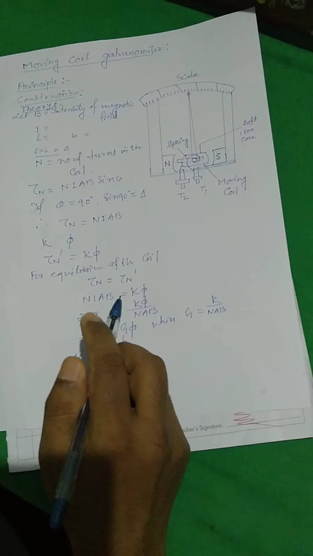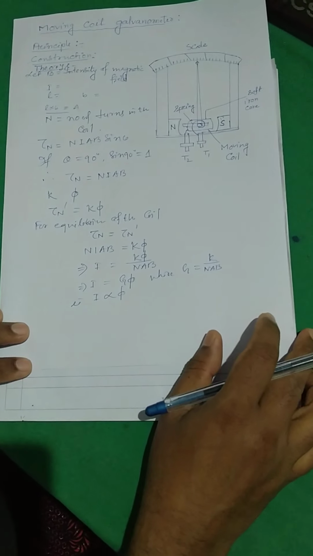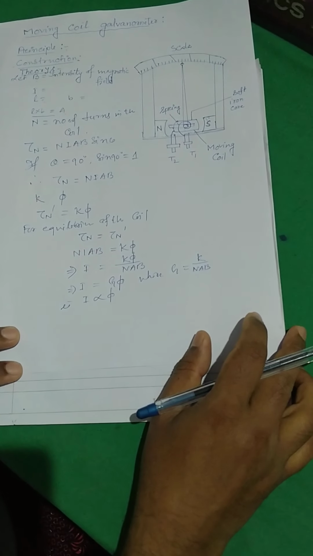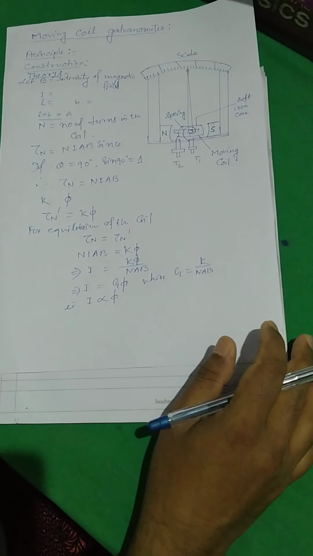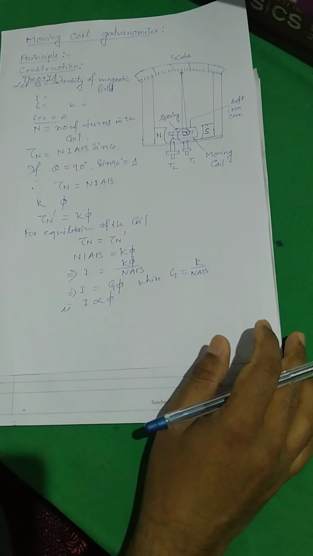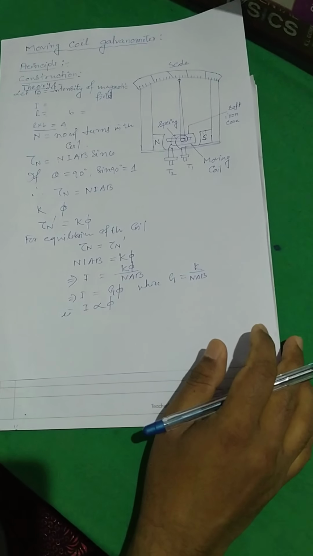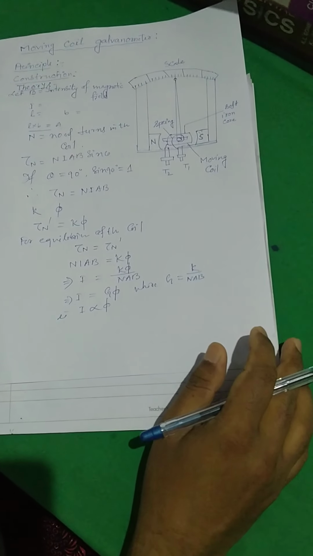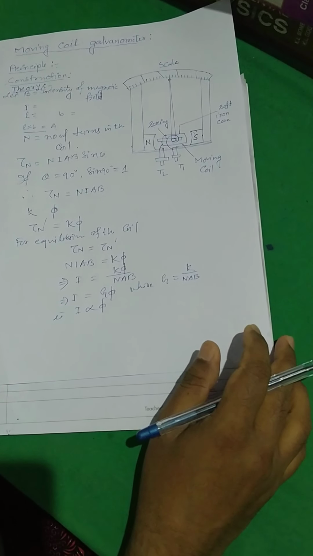Now we are discussing the sensitivity of a moving coil galvanometer. A galvanometer is said to be sensitive if a small current flowing through the coil produces a large deflection in it. There are two types of sensitivity.